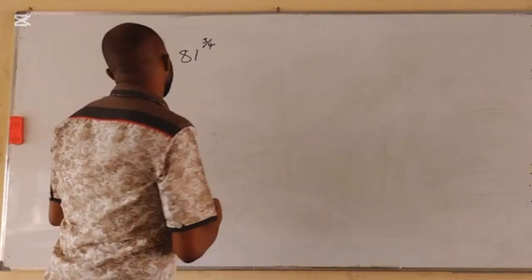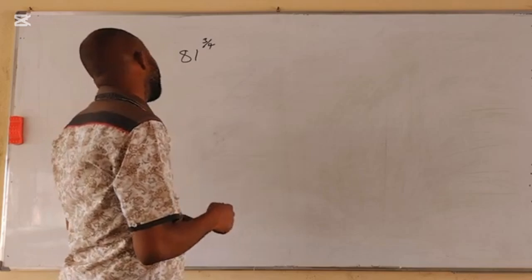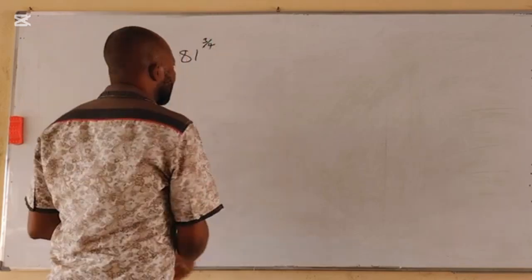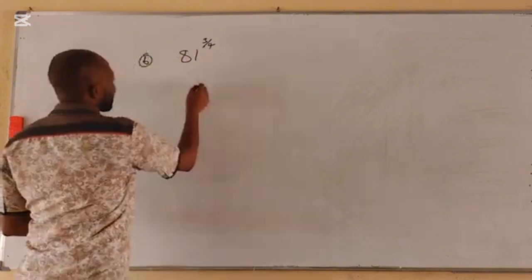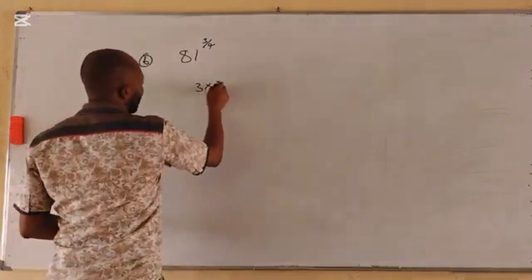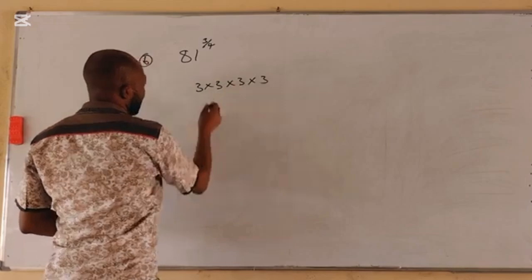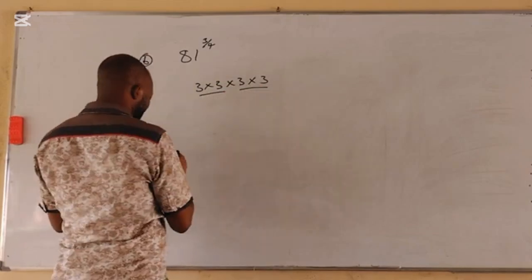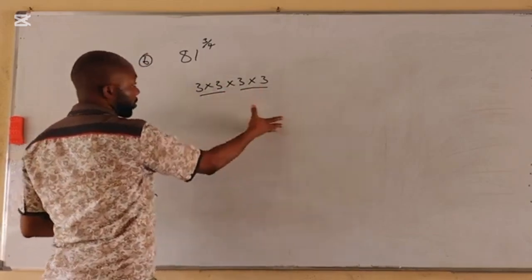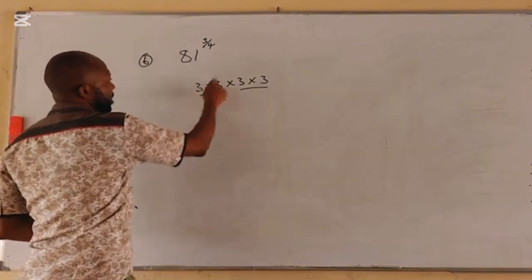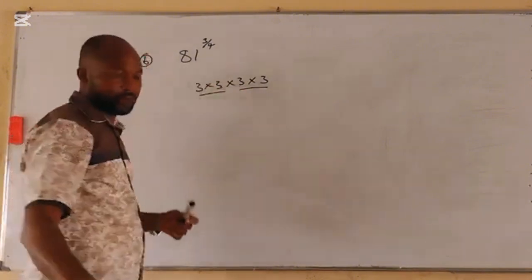So 81 is the same thing as 3 raised to the power 4. 3 times 3 is 9, 3 times 3 is 9, 9 times 9 is 81. So if I raise 3 to the power 4, I get that.